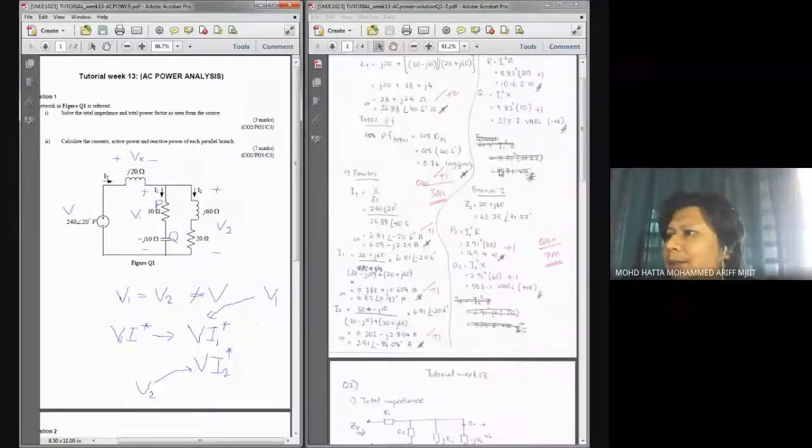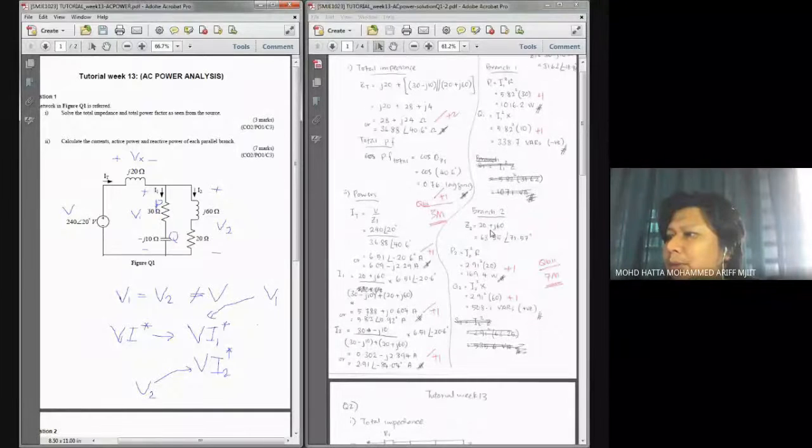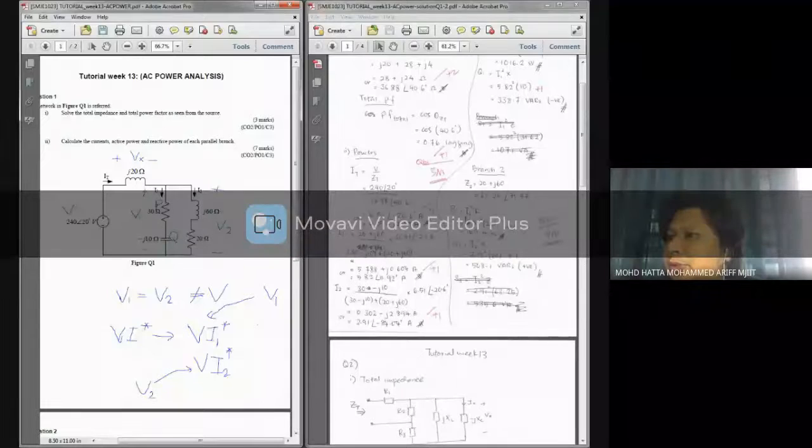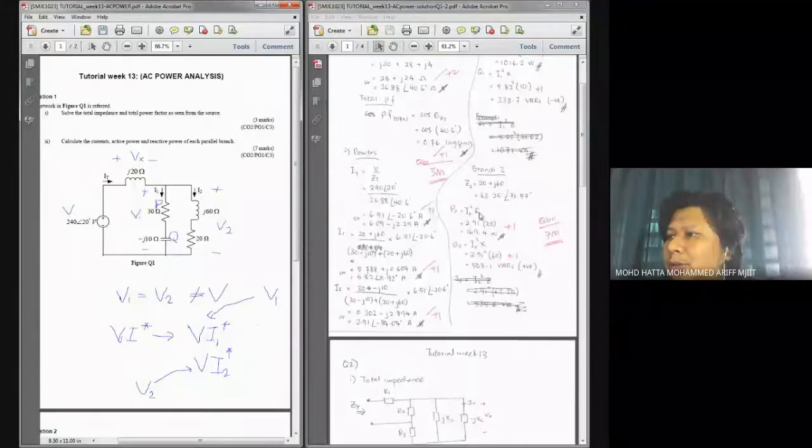All right, for branch number 2, I will use the same strategy. Here I will use I2. And for active power, we multiply the square of I2 with the resistor. And for reactive power, I will use the reactance value over here.